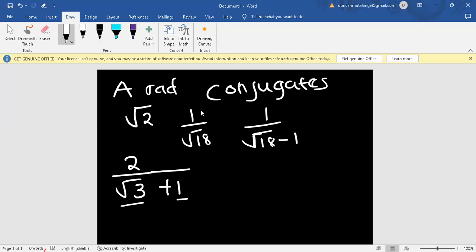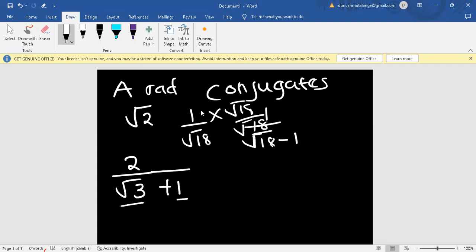How you're going to get rid of this square root by rationalizing is that you need to use what is known as a conjugate. So remember the last time, we were just multiplying by the root of 18 and root of 18. But for the conjugate, when you're having an expression like this, you need to multiply by its conjugate in order to get rid of this square root.